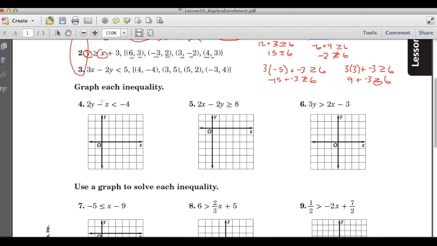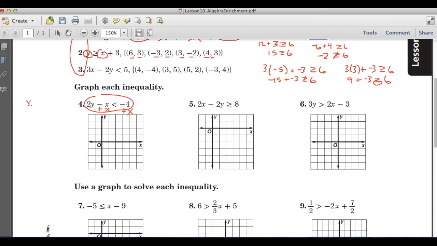About some other things. First of all, 2y minus x is less than negative 4 is not really in slope-intercept form, and it's not technically in standard form because it has the y and the x reversed. But we can easily turn that into slope-intercept by adding x on both sides.